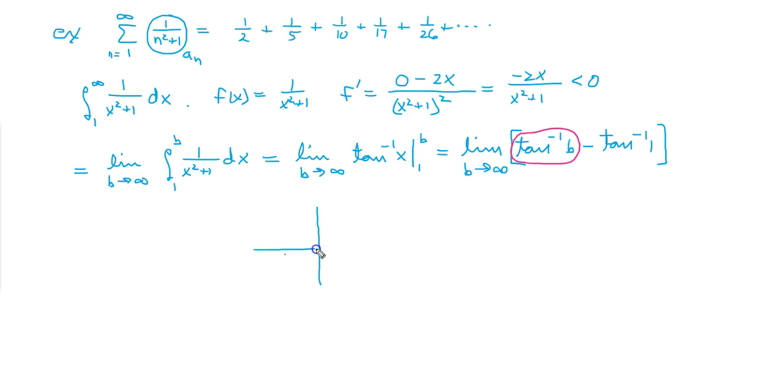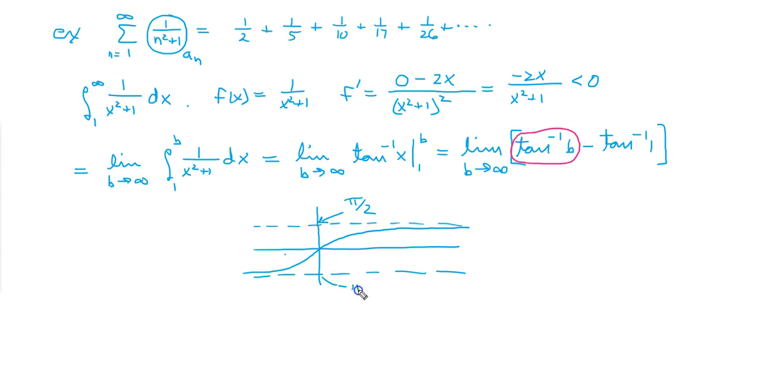Remember, it has these limiting values as you move towards positive and negative infinity, the limiting values being pi over 2 and negative pi over 2.